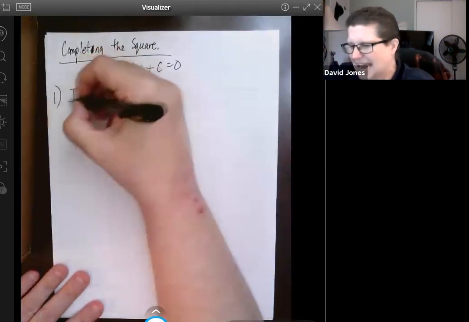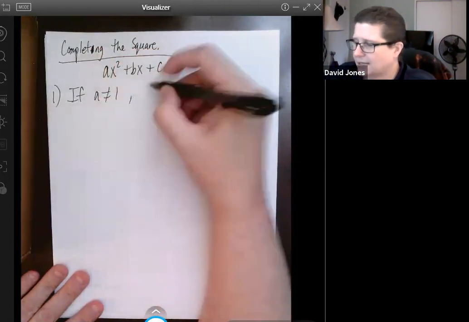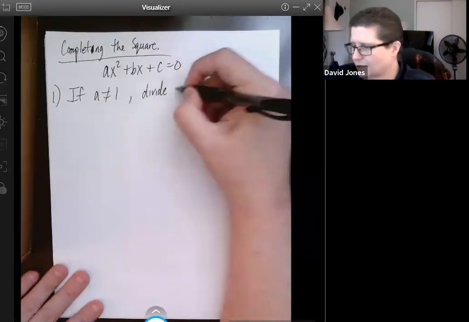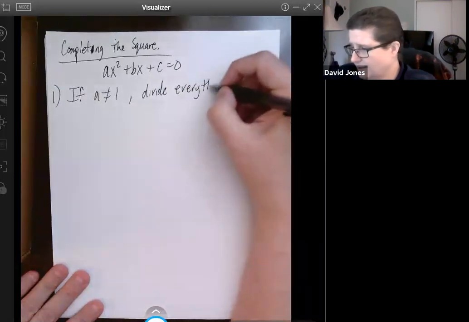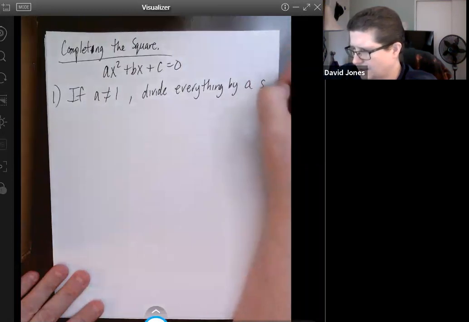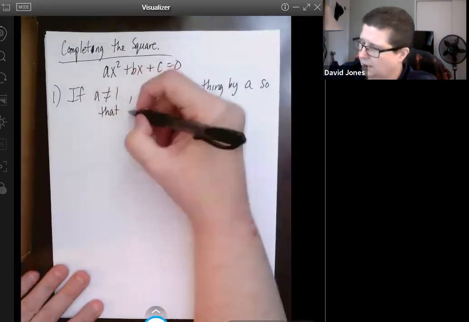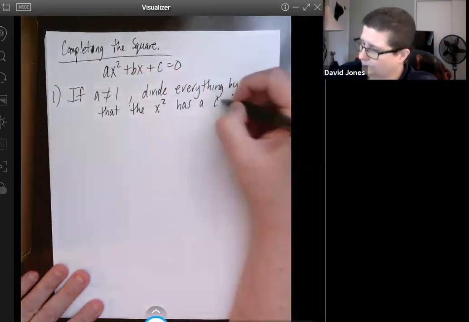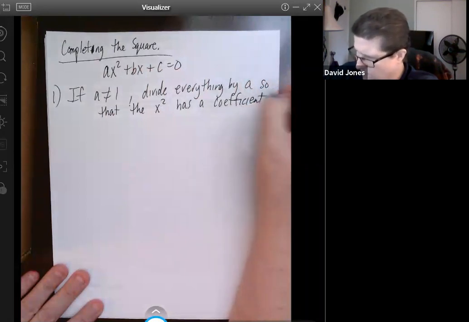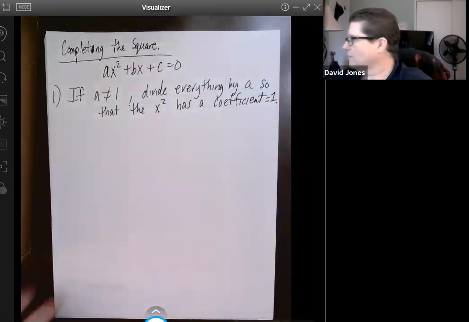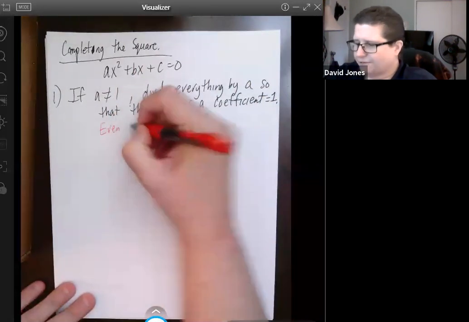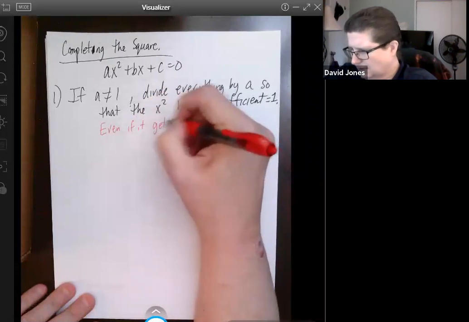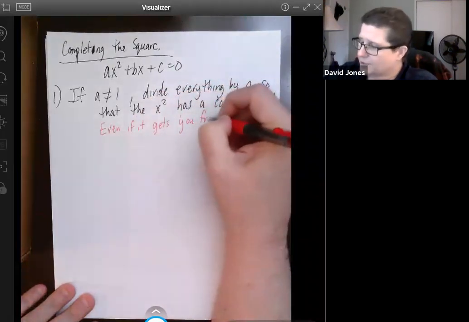Step 1, if a does not equal 1, divide everything by a so that the x squared term has a coefficient of 1. And you know what? You have to use the complete the square approach, even if it gets you fractions. That's the complete the square approach.